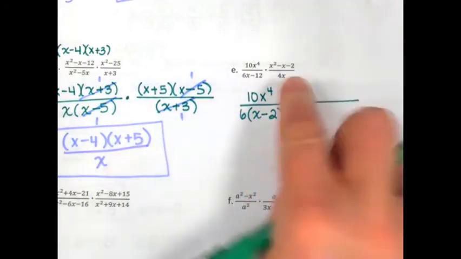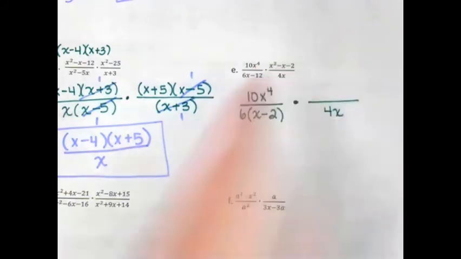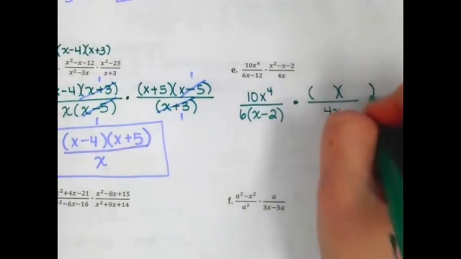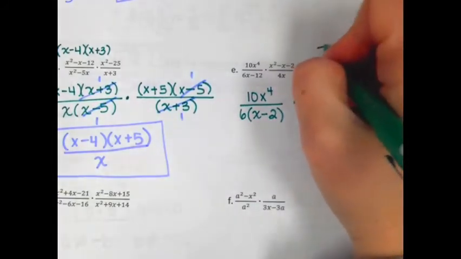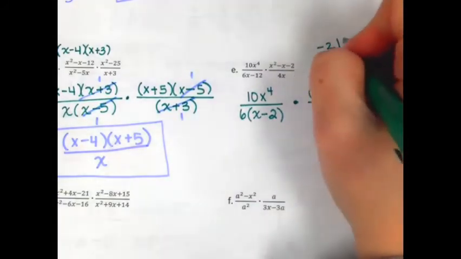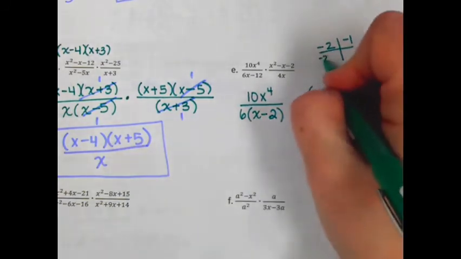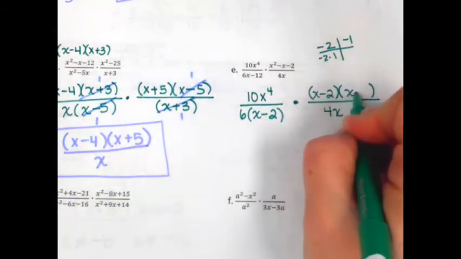Times 4x, I can't factor, so I'm going to leave 4x in my denominator. But my numerator I can, can't I? The nice thing again, a is 1. So it's a shortcut. So what times what is negative 2 that adds to be negative 1? Negative 2 and 1. Good. So we have x minus 2 and x plus 1.